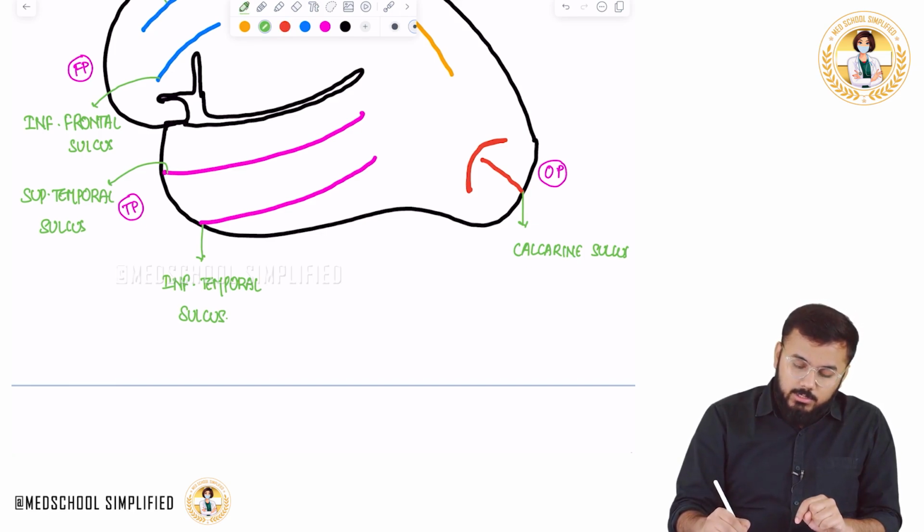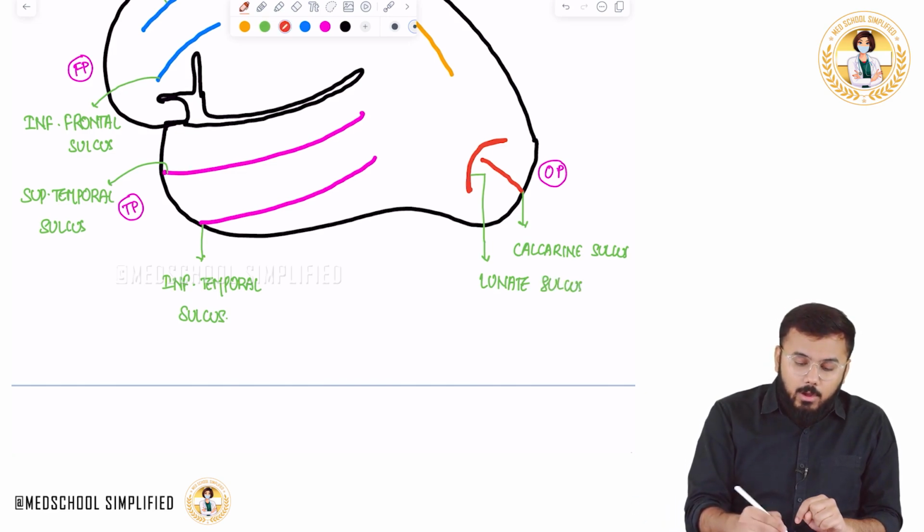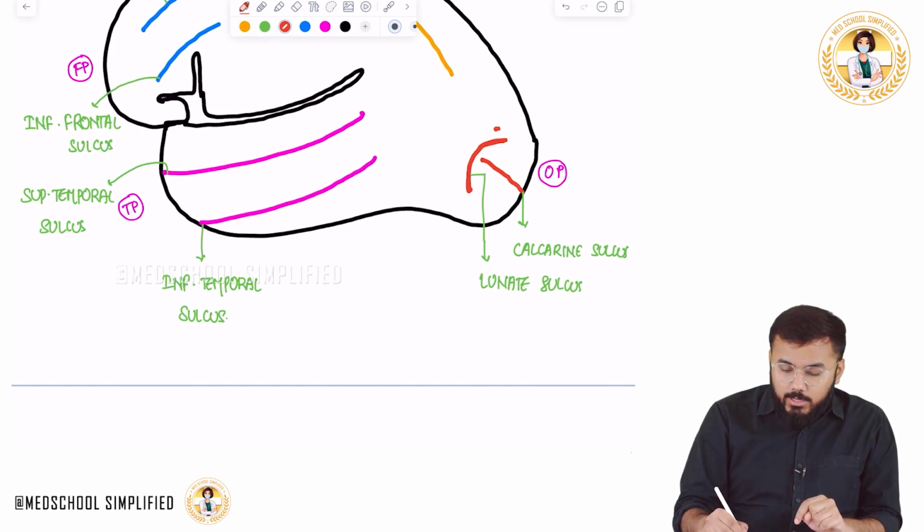This sulcus over here is your lunate sulcus. Now above the lunate sulcus, you have got one more sulcus like this, and below the lunate sulcus also you have got one more sulcus.